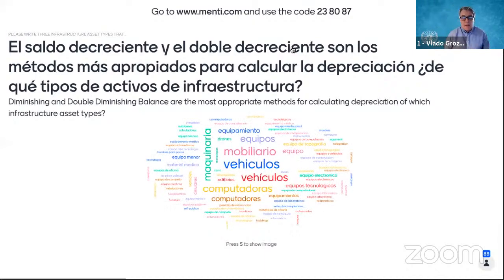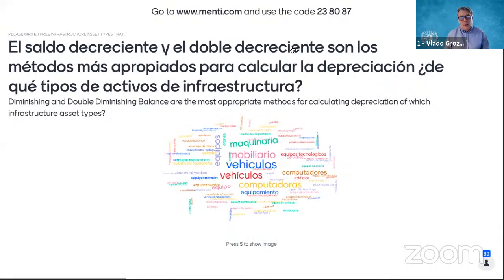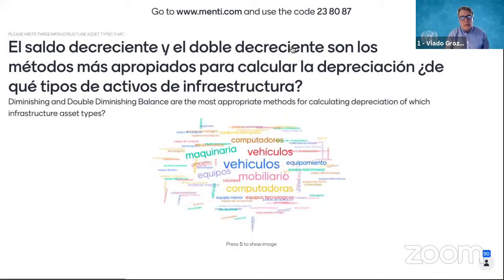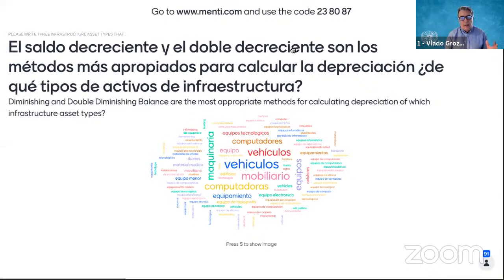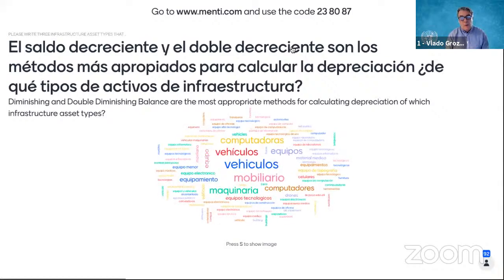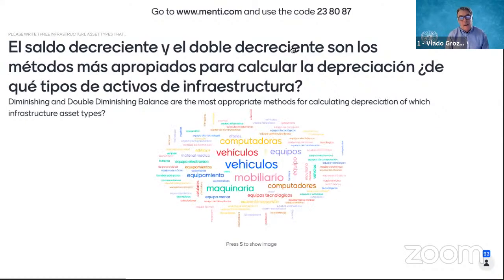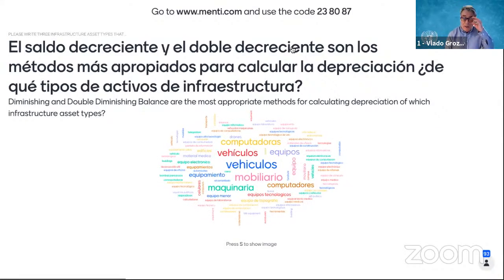I expected, yes, the computers and vehicles, they lose the value very, very quickly. And the vehicles after 5th year, they require a lot of maintenance and operation costs related to the maintenance. So that's why most of the organizations, they replace the new vehicles after 5th, 6th or 7th year.